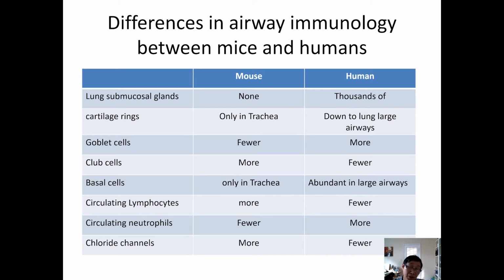This is because there are major differences in airway immunology and airway biology between mice and humans. For example, there are major differences in mucosal glands, goblet cells, club cells, basal cells, as well as immune cells.